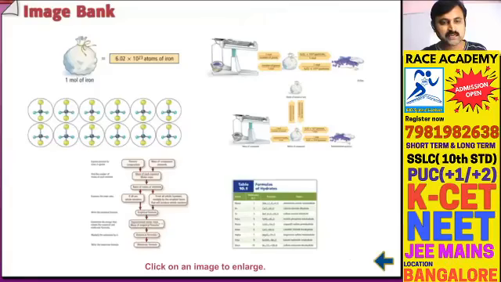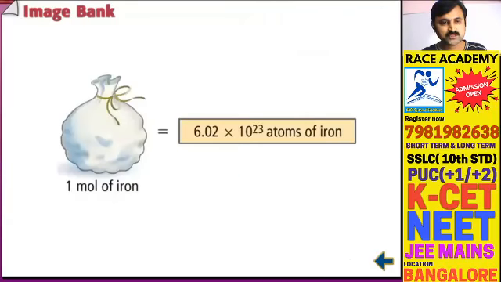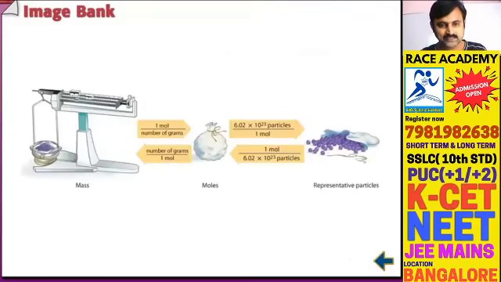So these are the things we observed. 1 mole of iron contains Avogadro number of atoms. This is one interesting picture given to us to understand the number of atoms of iron. Like that, the conversion pictures, all the pictures we have shown in these slides.